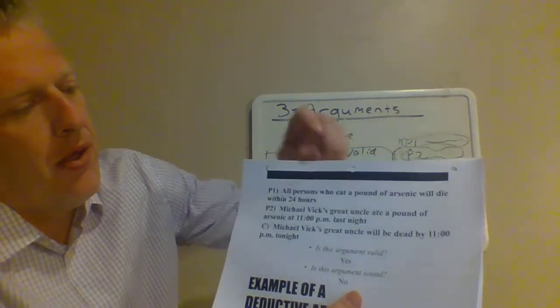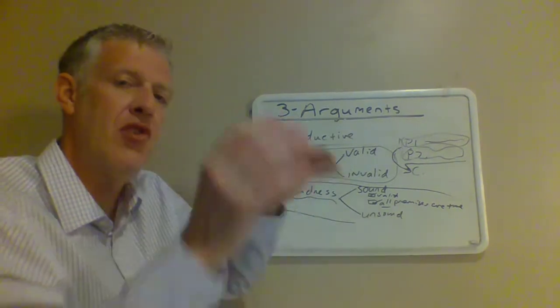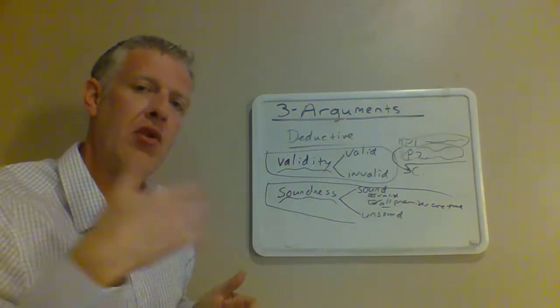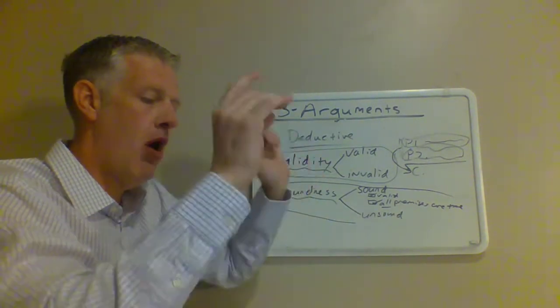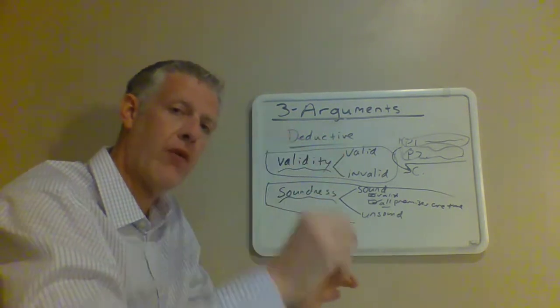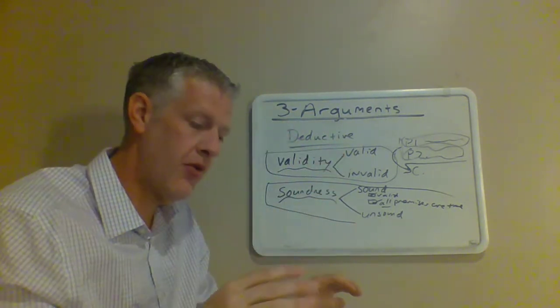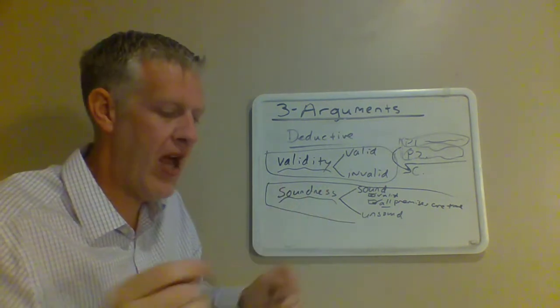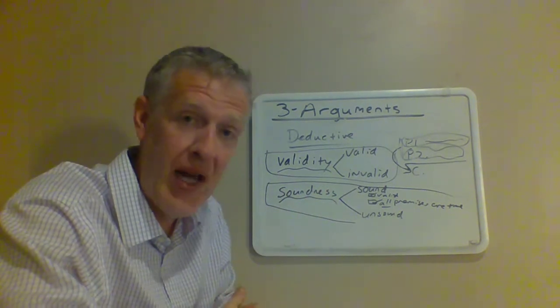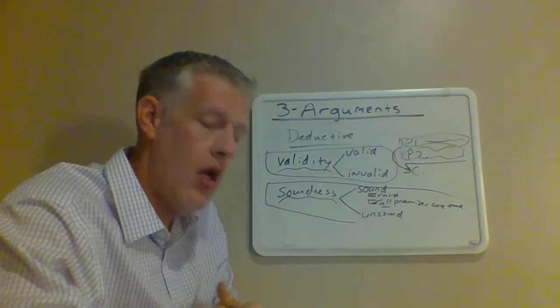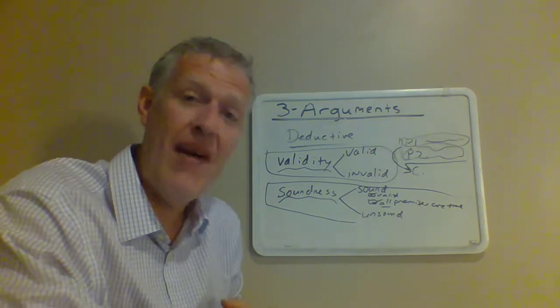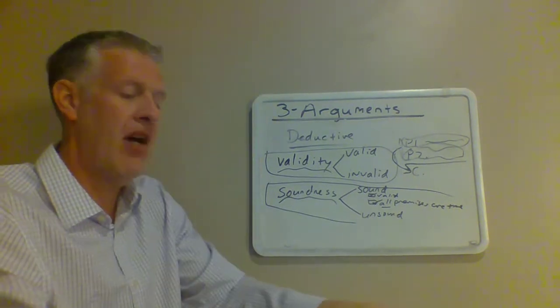So is that argument valid? If we assume the premises are true, does the conclusion have to follow? So if we assume all persons who eat a pound of arsenic will die within 24 hours is true, and we assume that Michael Vick's great uncle ate a pound of arsenic at 11 o'clock last night is true, then we're asking ourselves, does it have to be the case that Michael Vick's great uncle will be dead by 11 o'clock tonight?